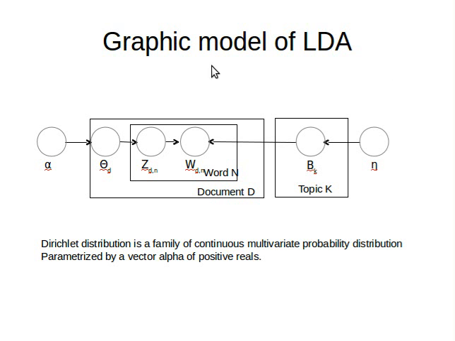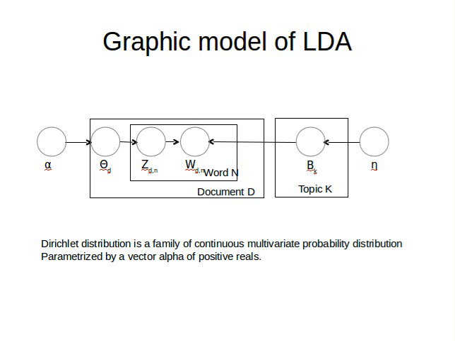Because from the generative model, we can see that the joint probability is of the hidden variables and the observed variables: the probability of the topic, and the probability of the word based on that topic, and the joint with the word, which is the observed variable.